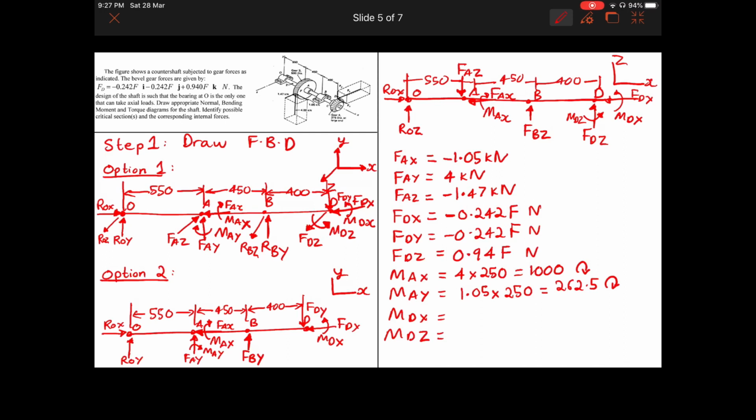MDX would be the force in the z-axis, which is 0.94. We already mentioned 0.94 F. So 0.94 F times half of 375, which should be 187.5.